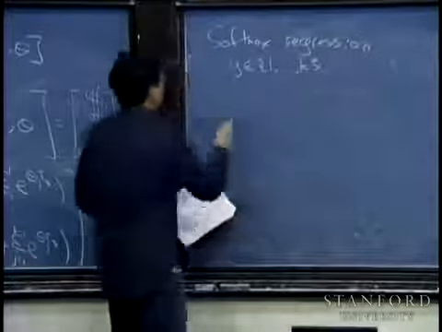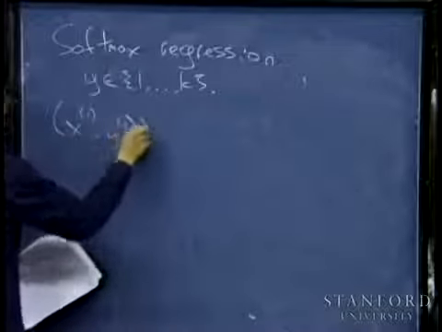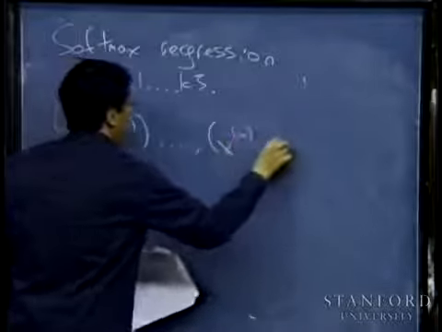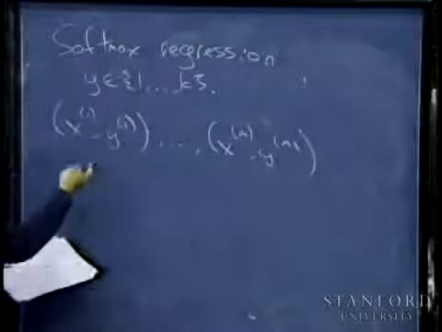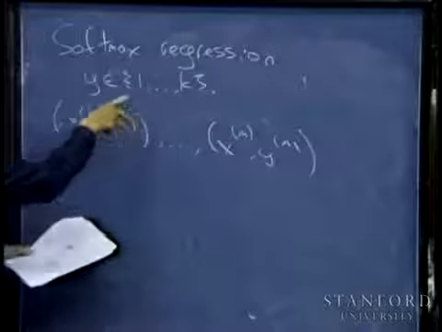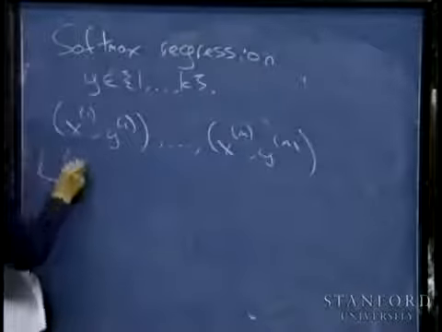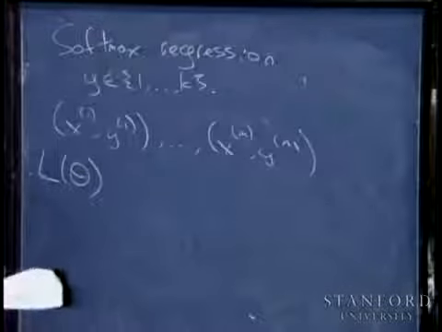And then you have this training set, right? x1, y1, up to xm, ym. So you're given a training set where each of the values of y takes on one of k possible values. And what you do is you find the parameters of the model by maximum likelihood.